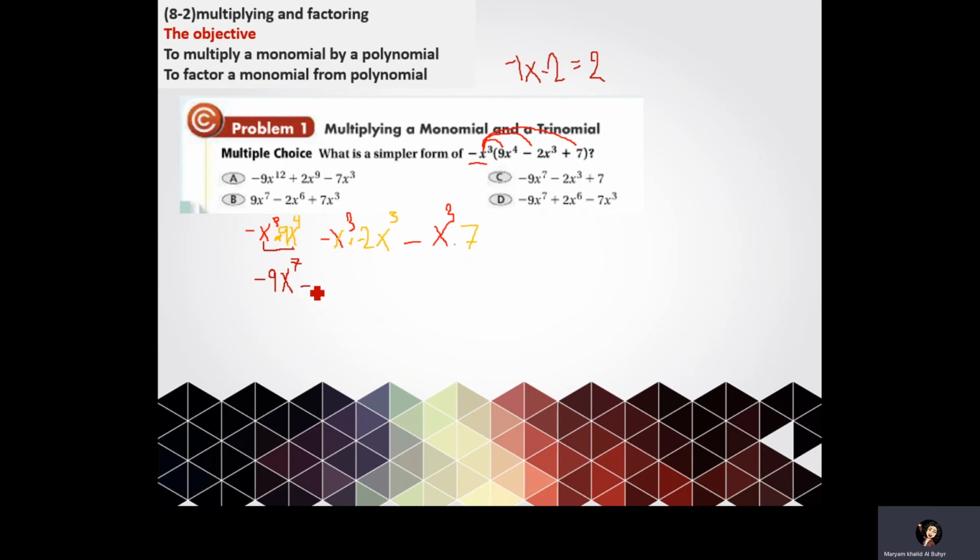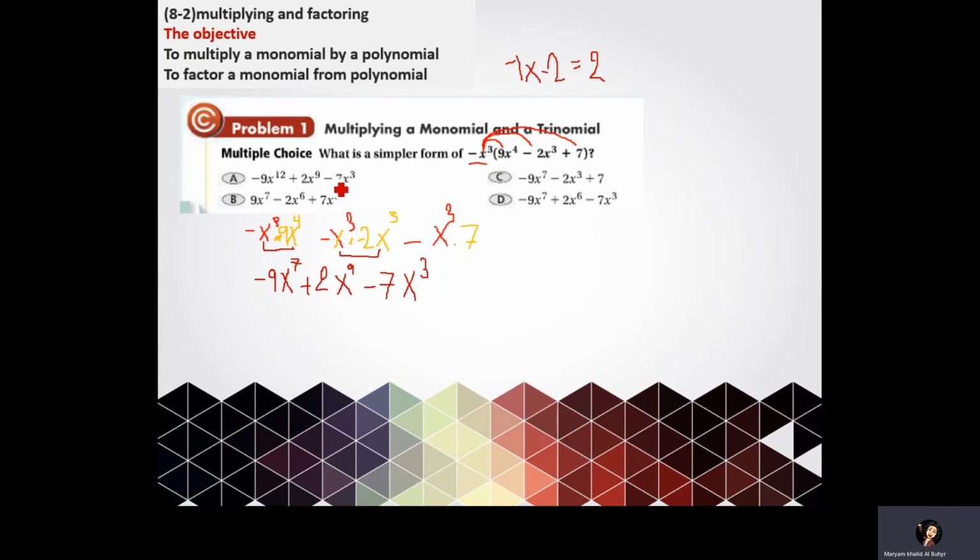So that is plus 2. Now I finished with my numbers. These again have the same base, add the powers. So that is x to the power 3 plus 3, so it is 9. Then here we have minus 7, just change the order for them. You cannot calculate anything else, and that's to the power 3.